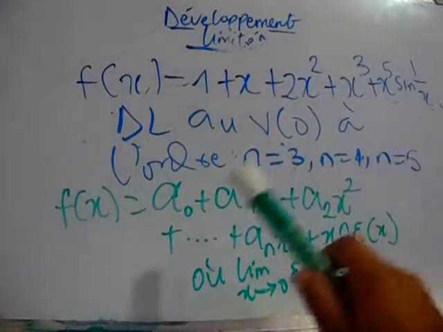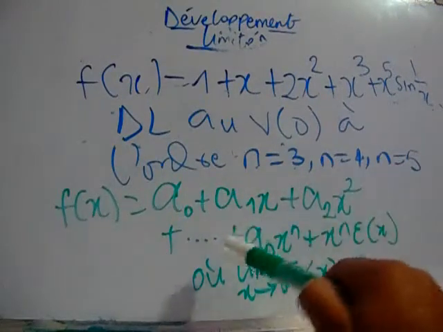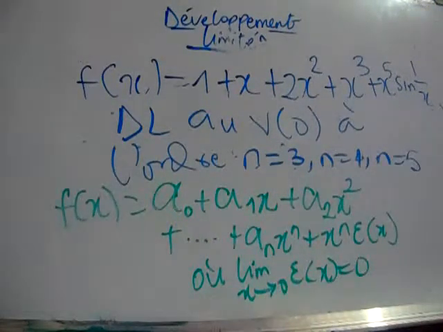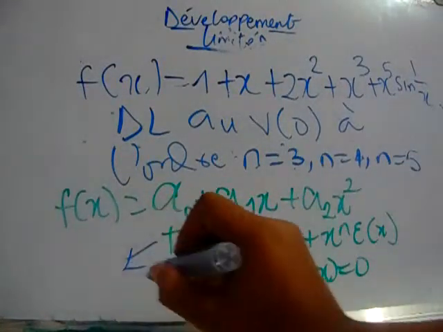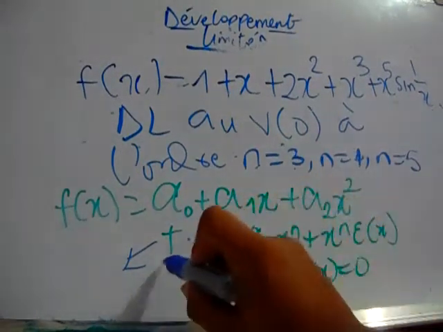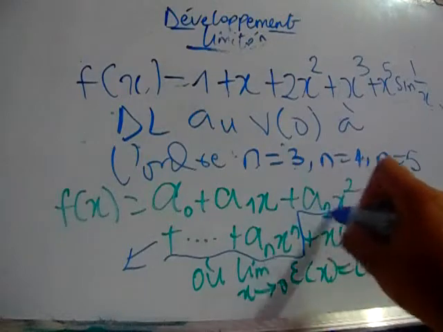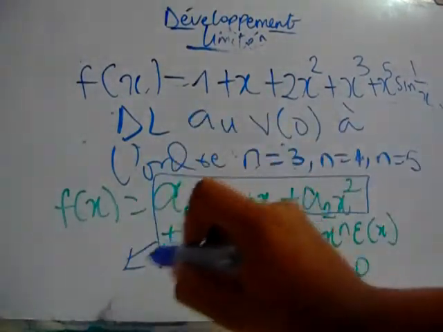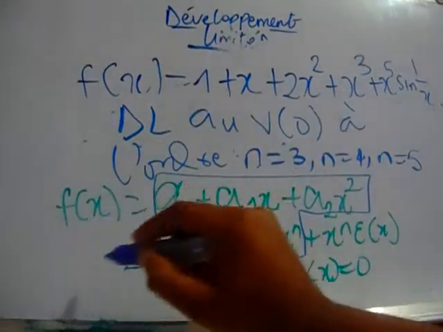We already said DL of a function is when we have this. That means we have the polynomial part. Like I said, on the card above you'll see a link that will lead you to the video on Introduction to Développement Limité, where I already explained the definition of Développement Limité.